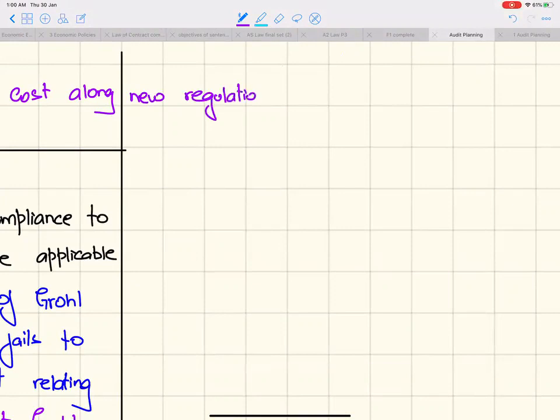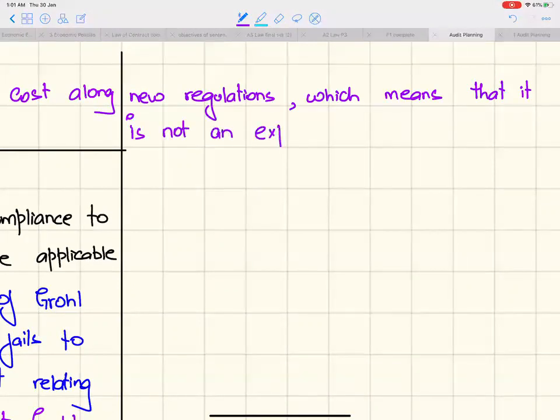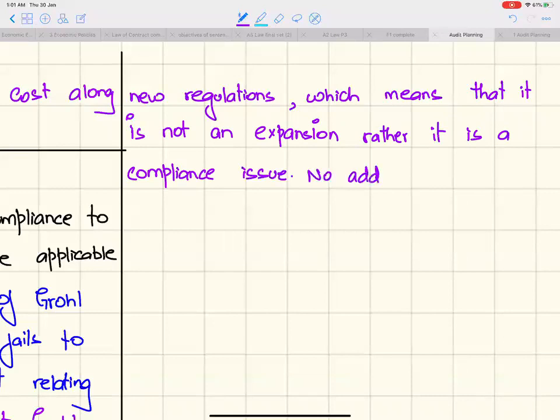Which means that it's not an expansion, rather it is a compliance issue. No additional profits will be generated.